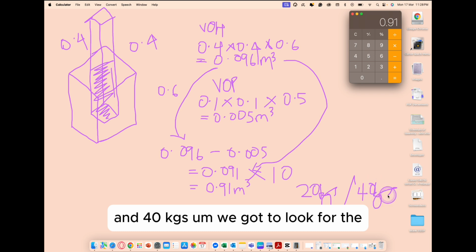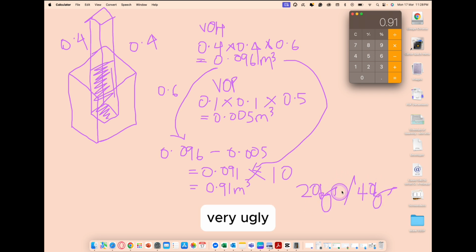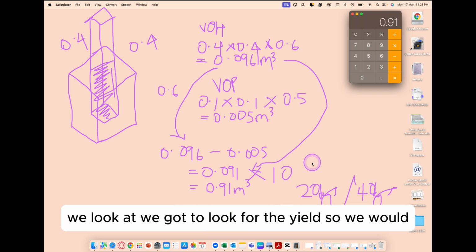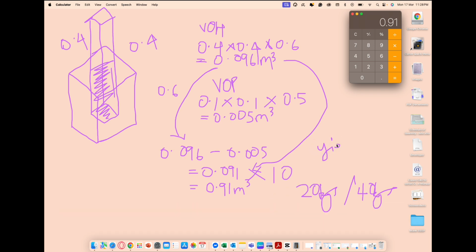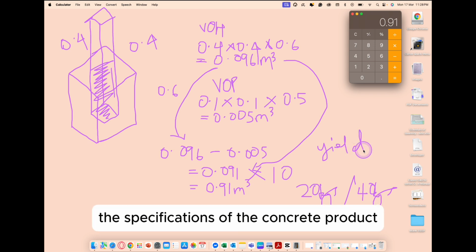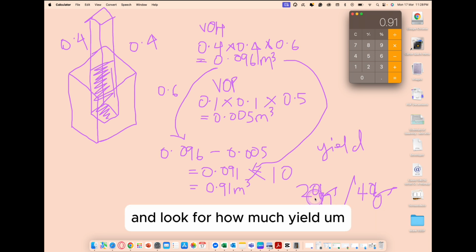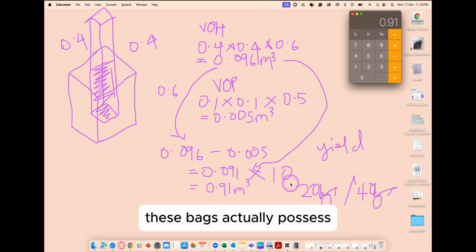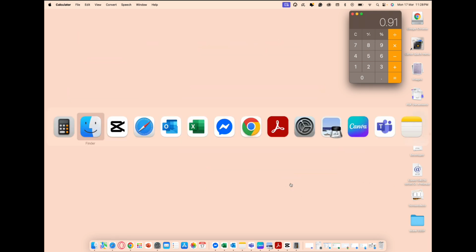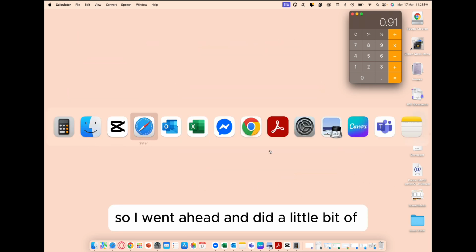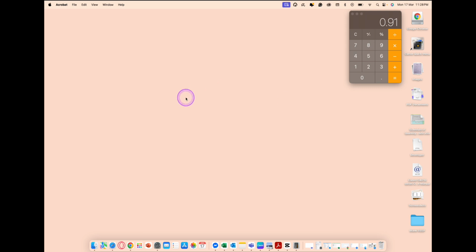We've got to look for the yield. So we would look at the specifications of the concrete product and look for how much yield these bags actually possess. So I went ahead and found it for you.